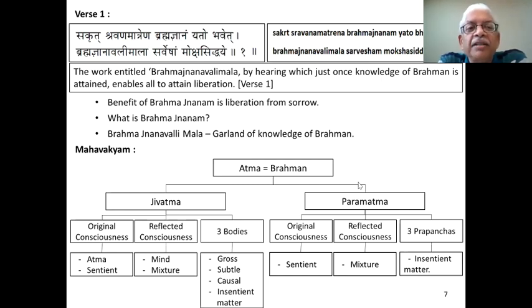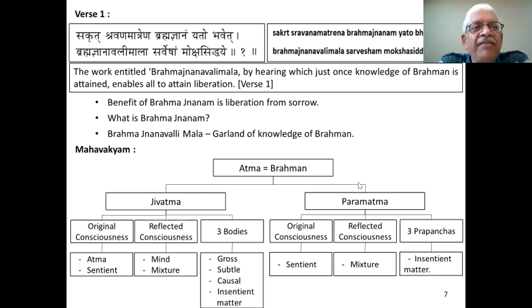So in the first mantra, he teaches us the benefit of Brahma Jnana. What is the benefit of this study? Usually, whenever people write a text, they will initially tell us who is the adhikari, that means who is a fit student who can study the text. What is the vishaya, that means what is the subject matter?